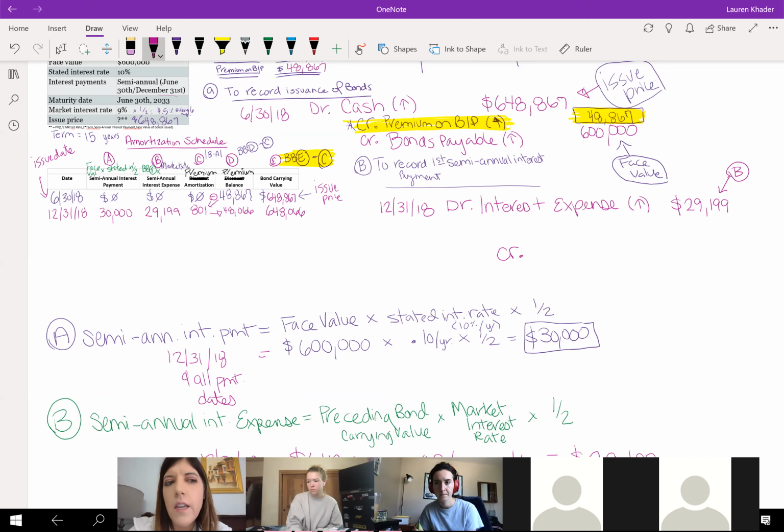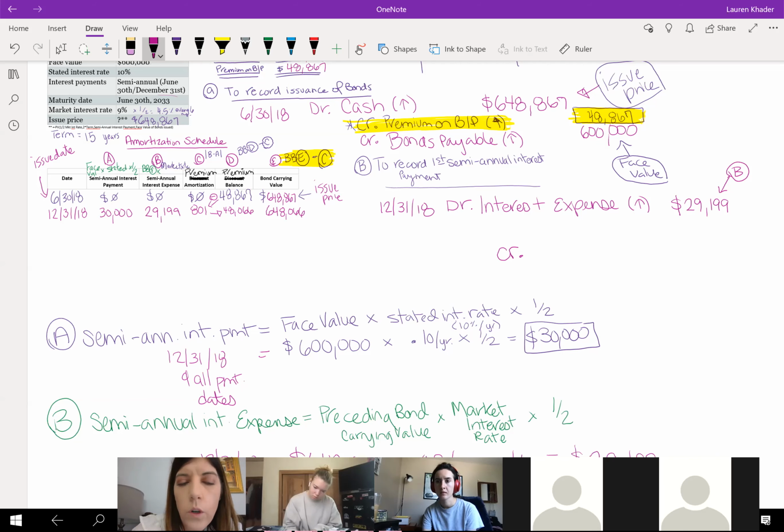It's because of the date that we actually pay the interest. In the previous example that you were practicing, they don't pay the interest until January 1st, but all the interest was incurred during the prior year. So we had to accrue for that interest at the year end so that we record interest expense in the proper period. In this case, we incur the interest during the same period that we pay it.